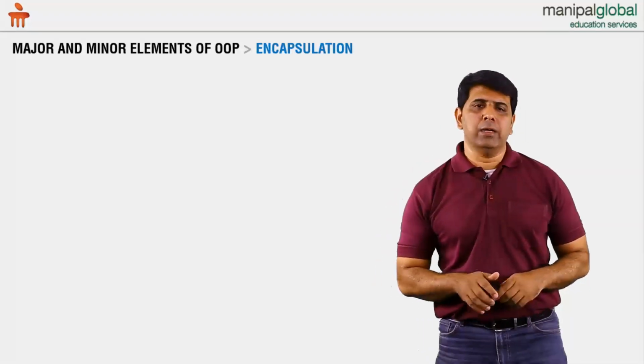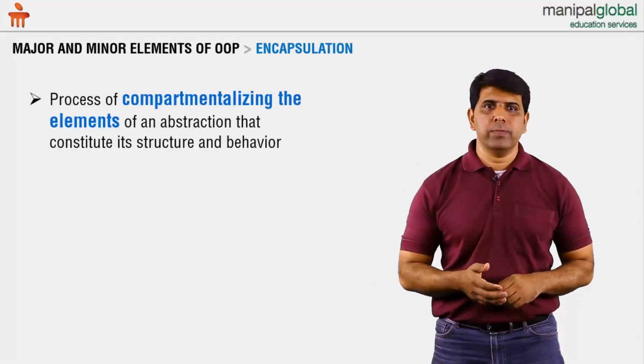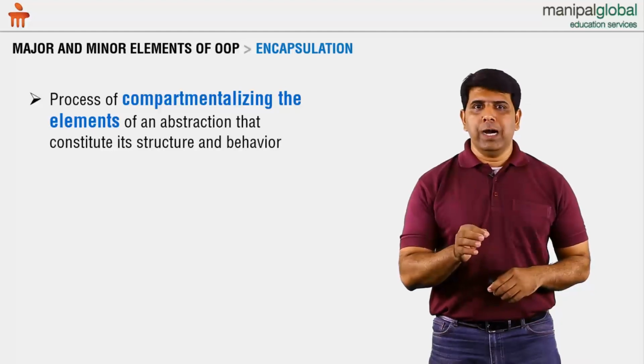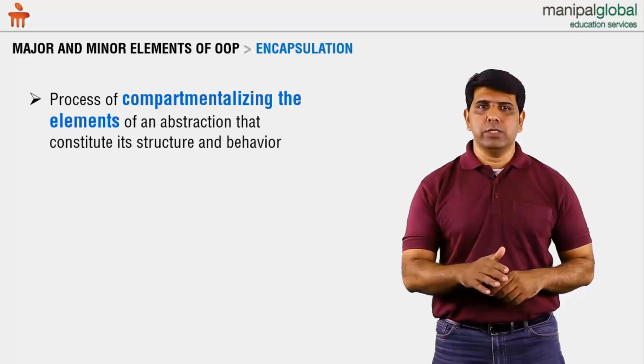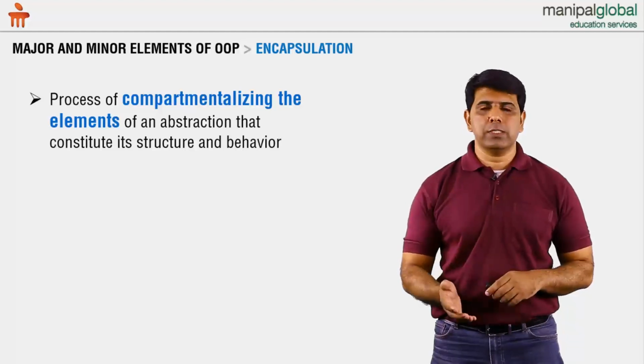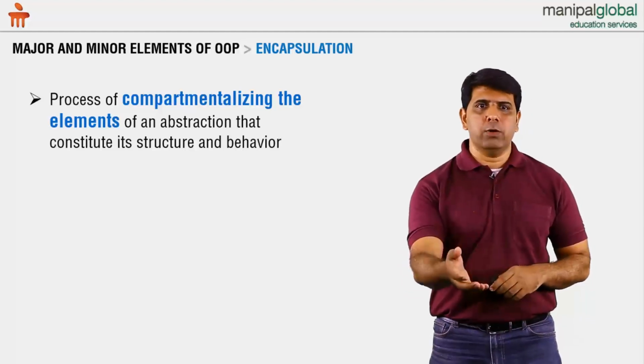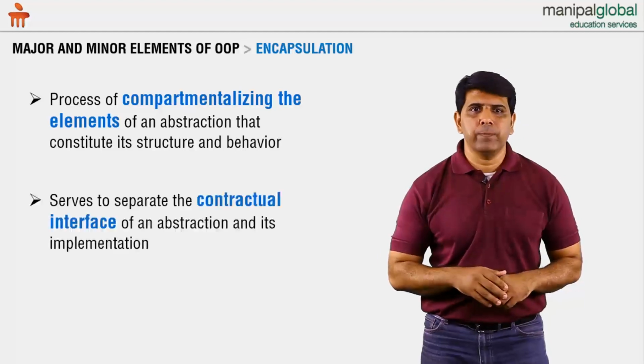Encapsulation, on the other hand, works over abstraction, which means while abstraction groups a lot of features together, encapsulation separates them into 2 parts, something that can be accessed by the outside world, something that cannot be.